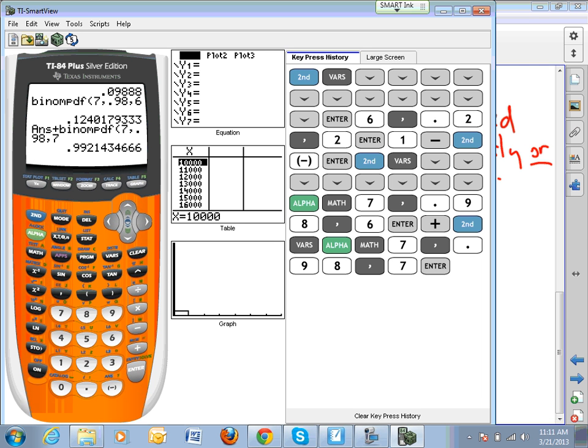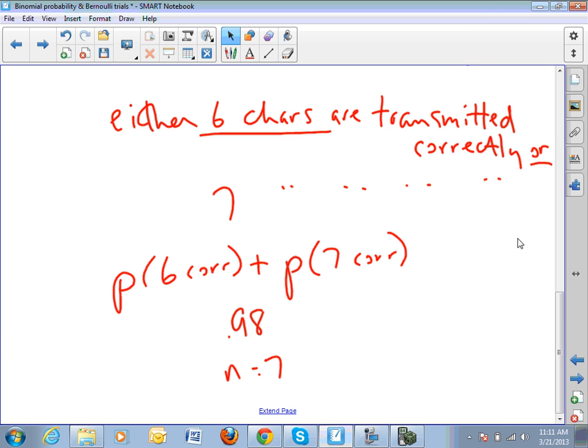All right, what would have been an alternate method for doing that? This is correct, it's fine, but what's another method for doing it? Save us a little bit of time. The binomial CDF, or I guess 1 minus the binomial CDF of 7, 0.98, 5?